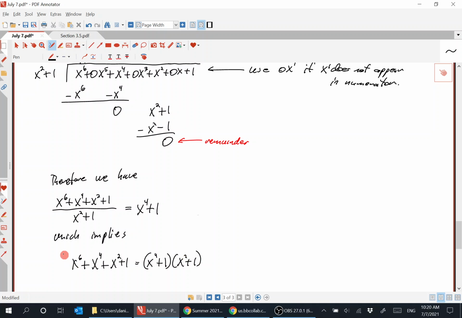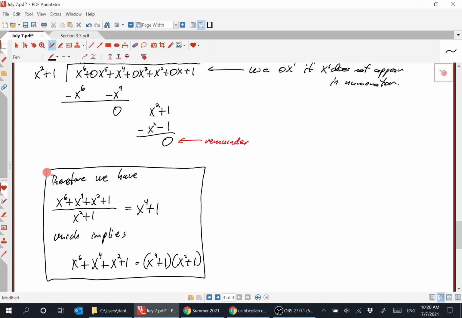So we actually have a factorization. It's actually a complete factorization of this polynomial. This factor doesn't factor anymore, nor does that, over the real numbers. So that's a nice problem. Came out well.